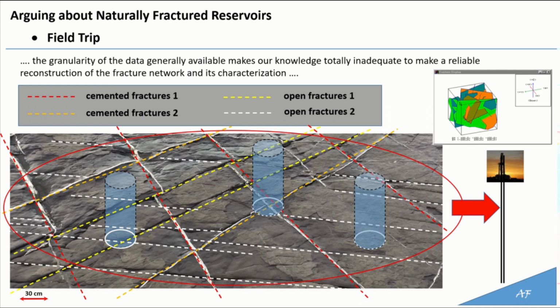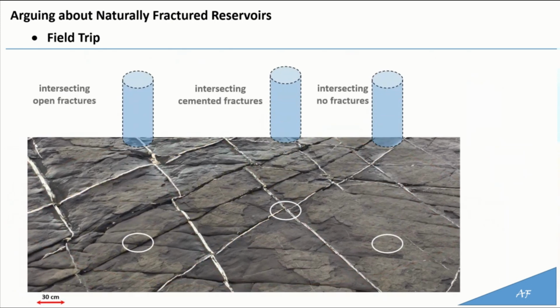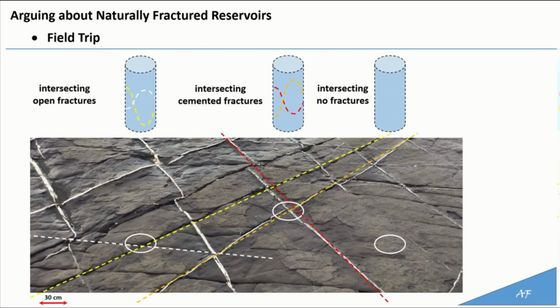We can understand how the data collected from these very close vertical wells can be very different, inadequate, misleading, unable to capture the actual complexity. Considering the rock volume investigated by these vertical wells, we can realize how the data collected are bound to be different, despite the very short distance, and inadequate to have a real picture.